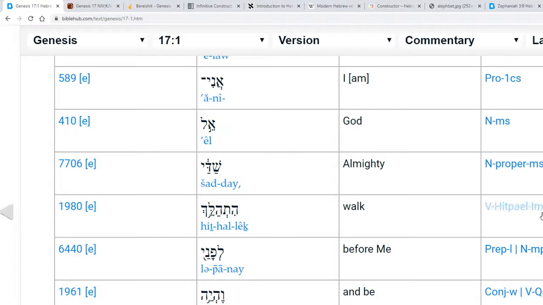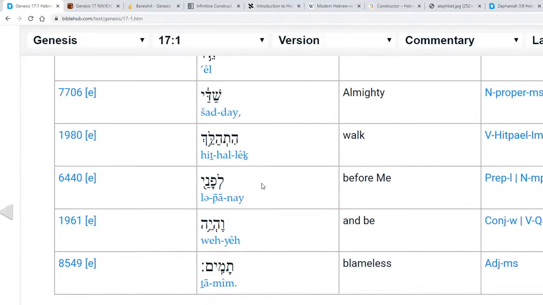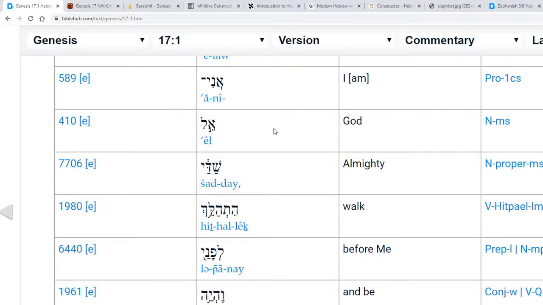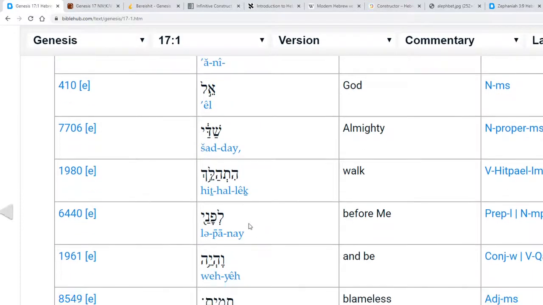Okay. I'm not sure I agree that it's in the imperative. It is in imperfect. It is in the reflexive. Kel Shaddai. Hithalech lefanai. Oh, he's commanding. Oh, okay, I see. He's commanding Abram, walk lefanai, before me.